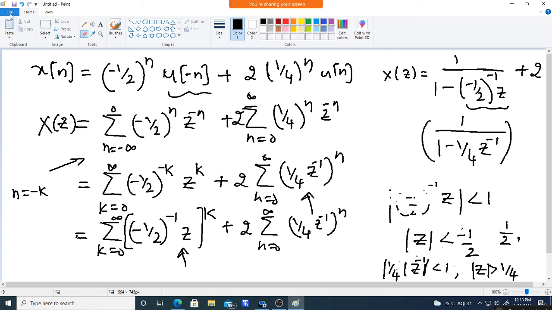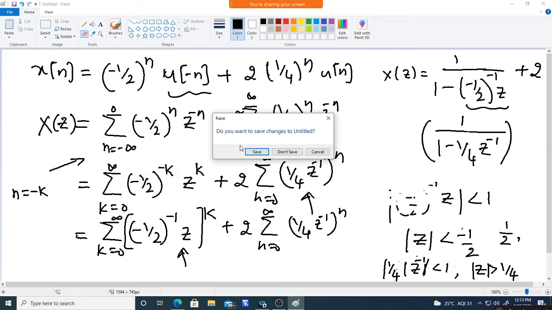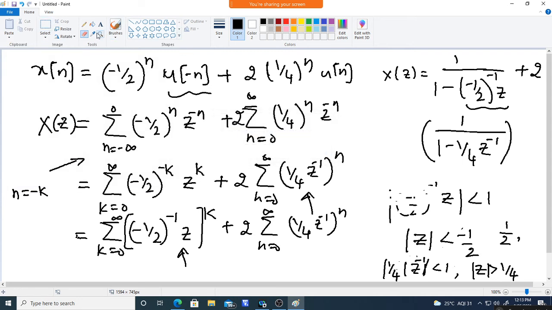That I will do in the next page, because it will have some reference. So here, 1 minus half inverse z.